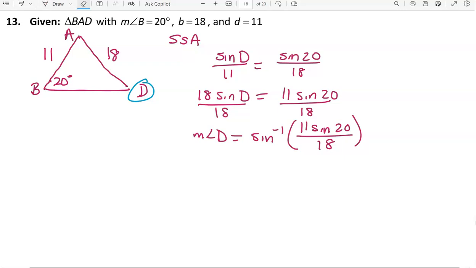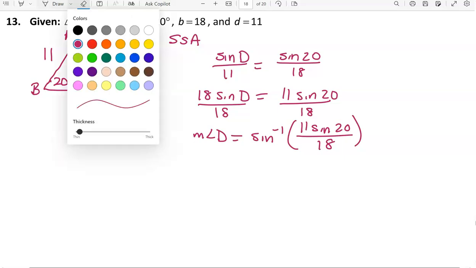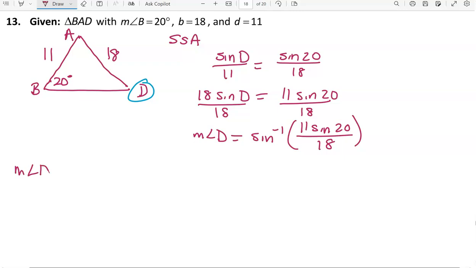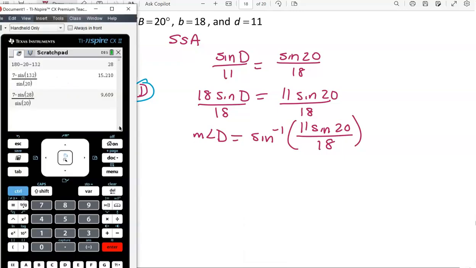And this is where we need to realize that in the SSA case, when finding an angle, the law of sines may give us only one result where there might be two. So I'm going to make two columns. In our first column, the measure of angle D is equal to the acute angle that the calculator will now give us.